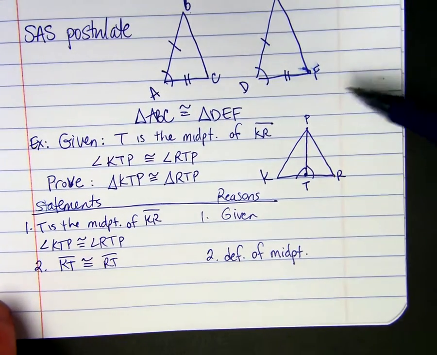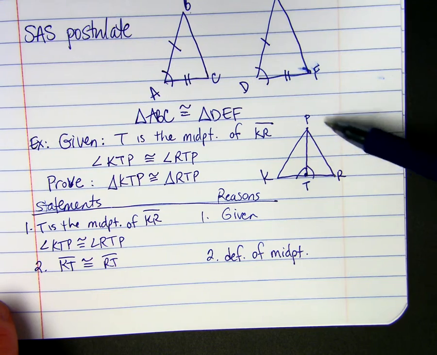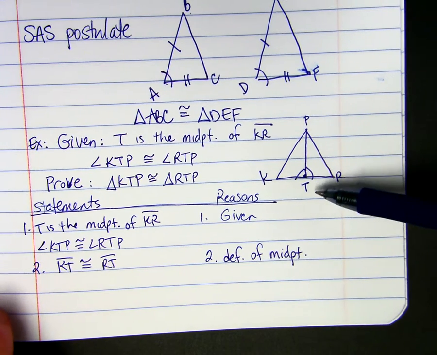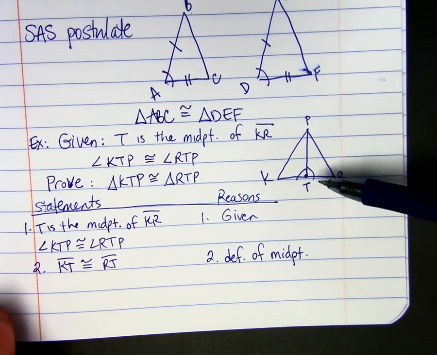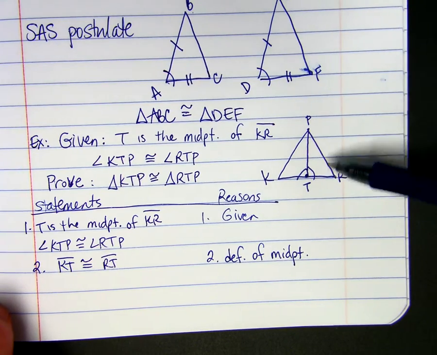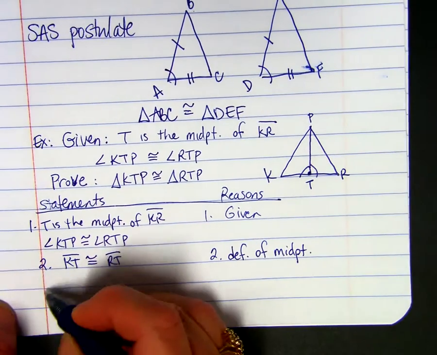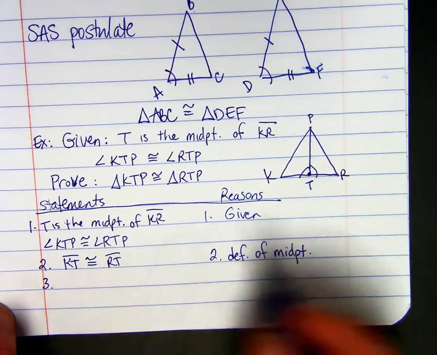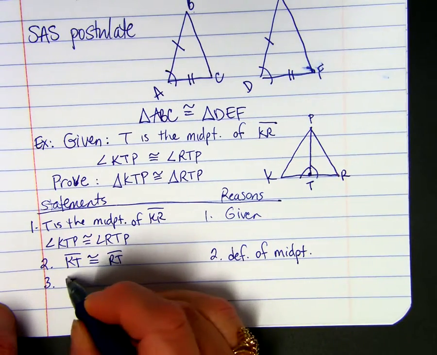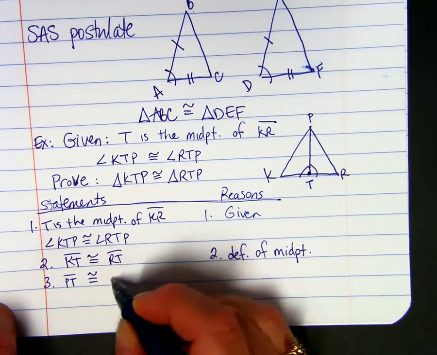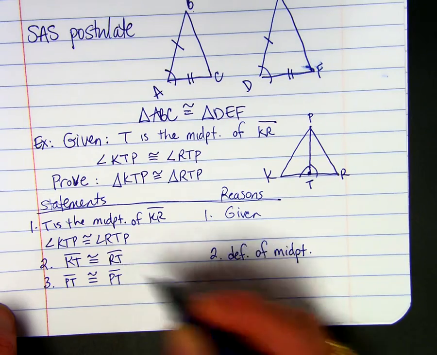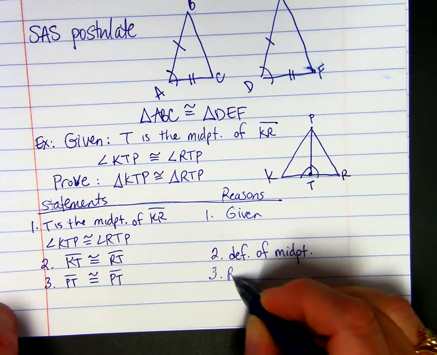Both triangles have this segment PT in them. And by the reflexive property, it will be congruent to itself. So we can say that PT is congruent to itself by the reflexive property.